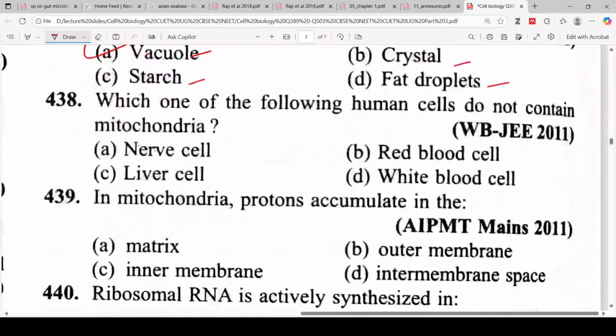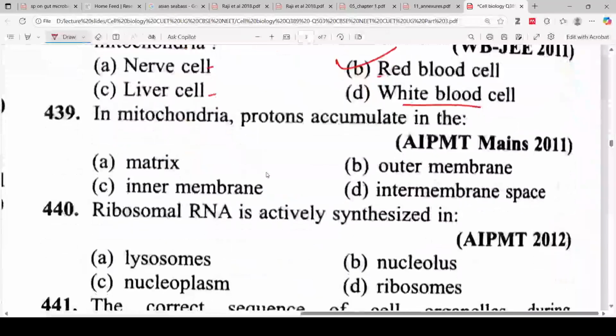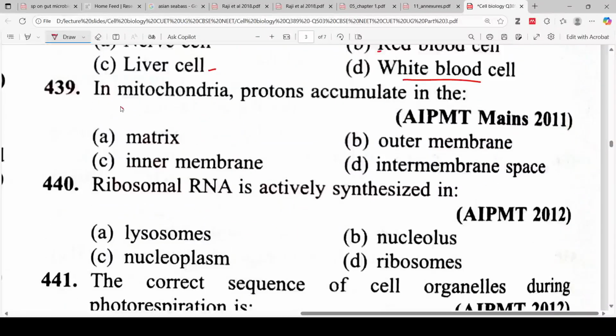Next question, which one of the following human cells do not contain mitochondria? Nerve cells, liver cells, red blood cells, and white blood cells. So the correct answer will be option B, red blood cells. Next question, in mitochondria, protons accumulate in the matrix, inner membrane, outer membrane, and intermembrane space.